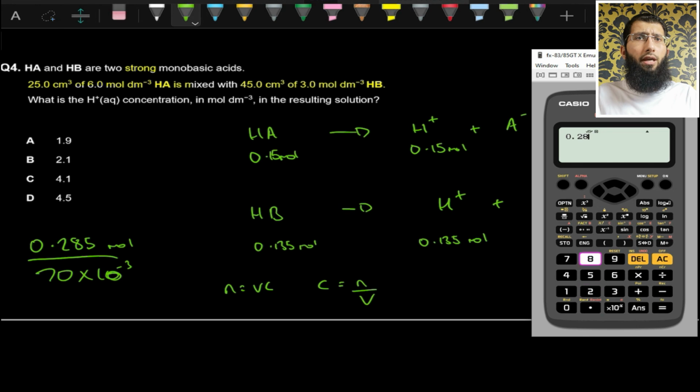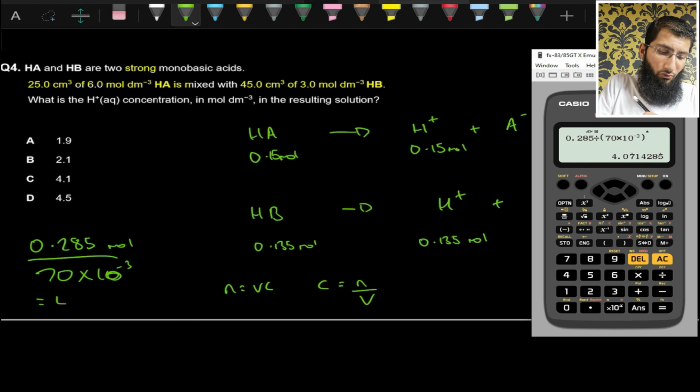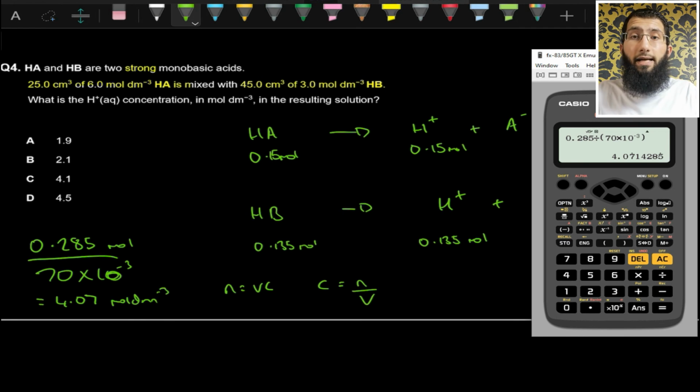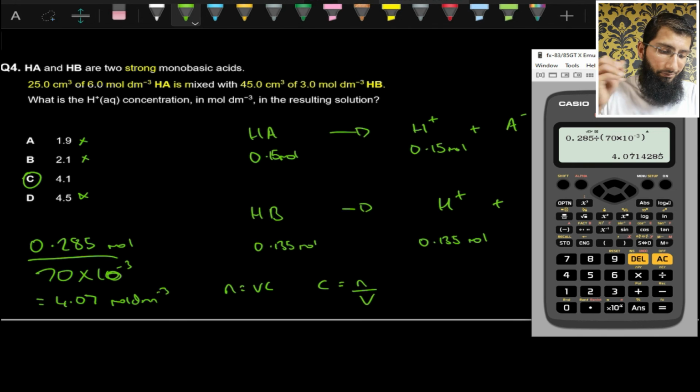So 0.285 divided by 70 times 10 to the minus 3. There we go, and that's equal to 4.07 moles per decimeter cubed. So which answer matches up most closely to that? Well, it's not 1.9, it's clearly C. So that's our answer there.